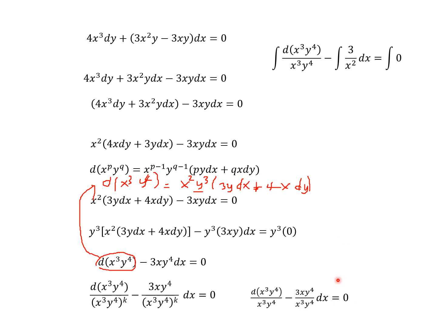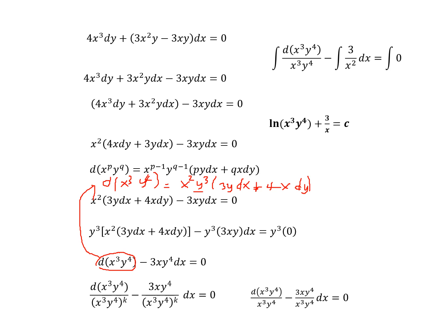Next step is to divide. This term will of course simplify to only 3 over x squared. And then you can integrate this. This is just ln of x cubed y to the fourth. What's the integral of 3 over x squared?